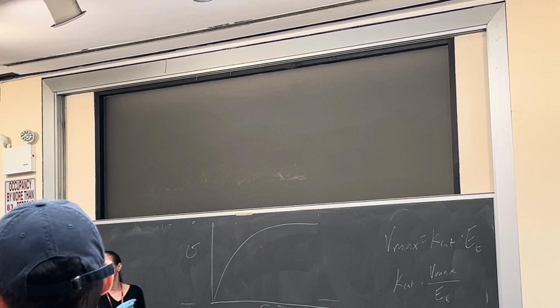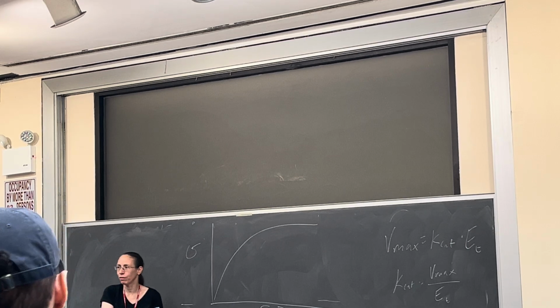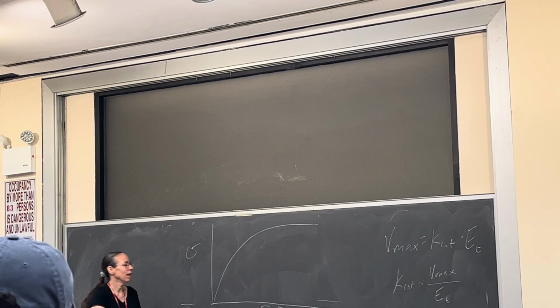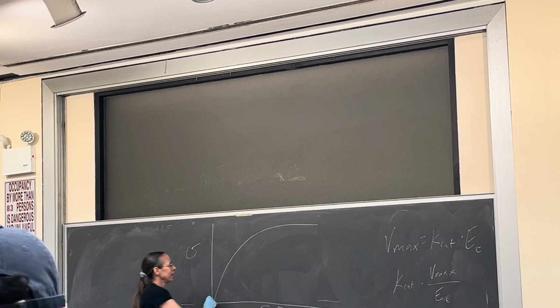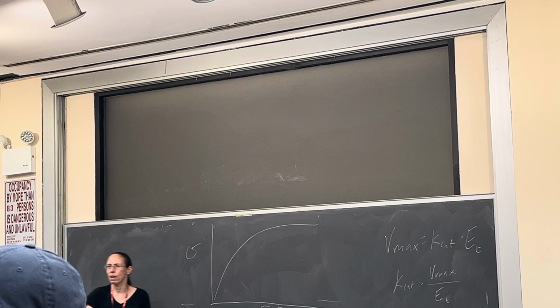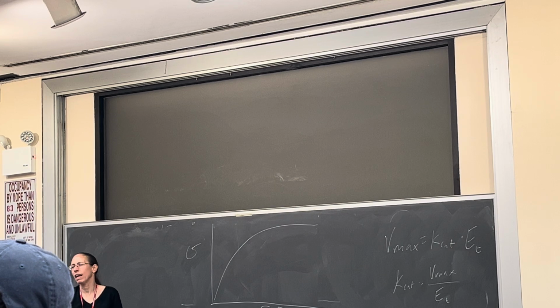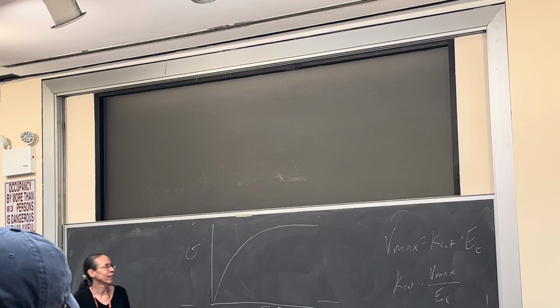And for a particular concentration of enzyme, as the substrate increases, the velocity will increase until it reaches the maximum velocity for that particular concentration of enzyme, meaning you've saturated the enzyme sites. So what is the maximum velocity here?